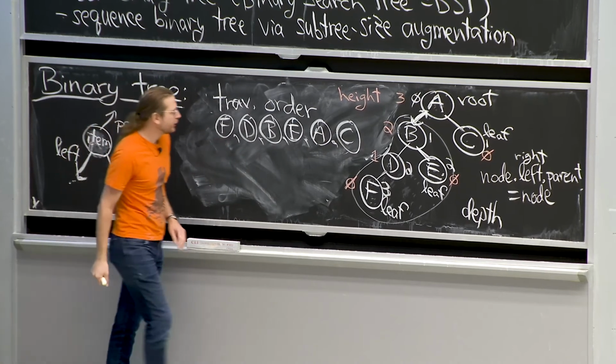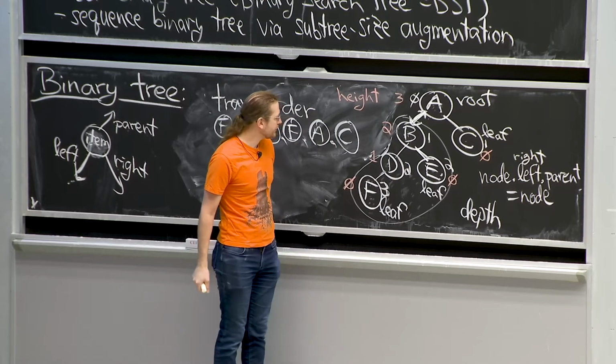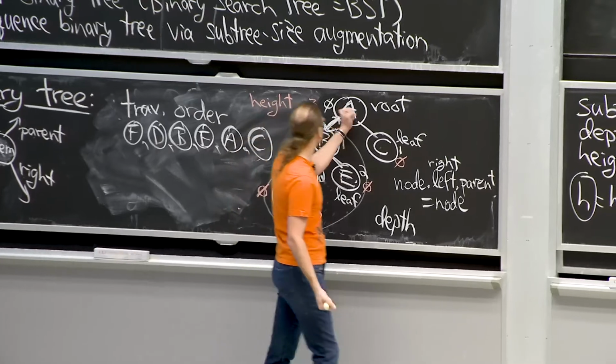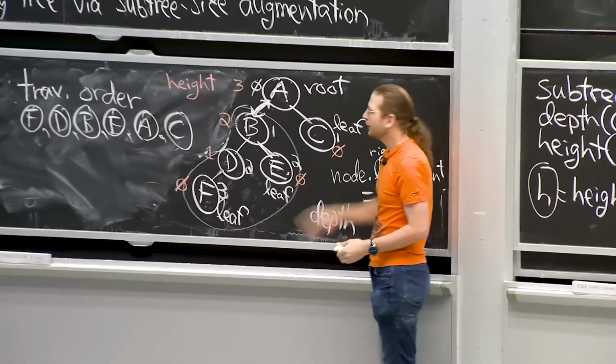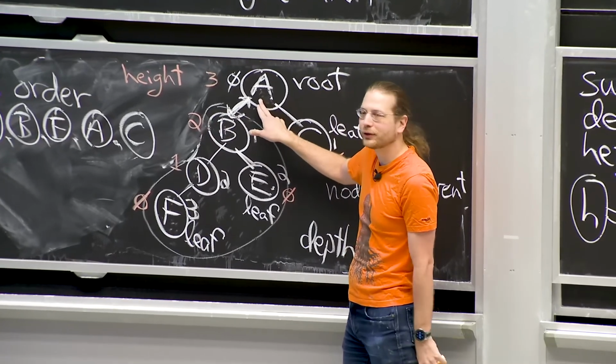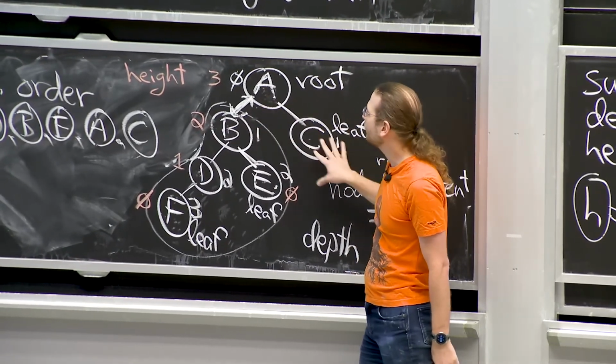So what is this order? What I'd like to do is recursively define an order where the root of the tree is somewhere in the middle, and everything in the left subtree is earlier in the order than the root, and everything in the right subtree is later.